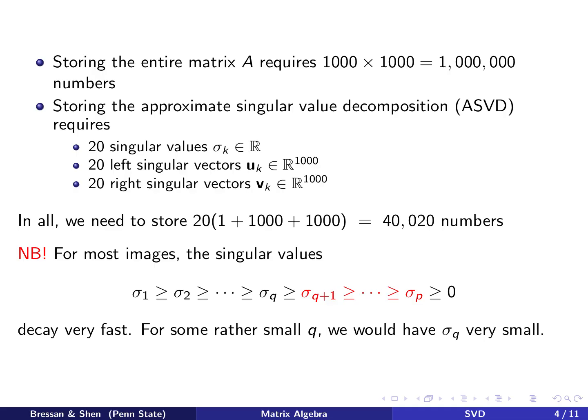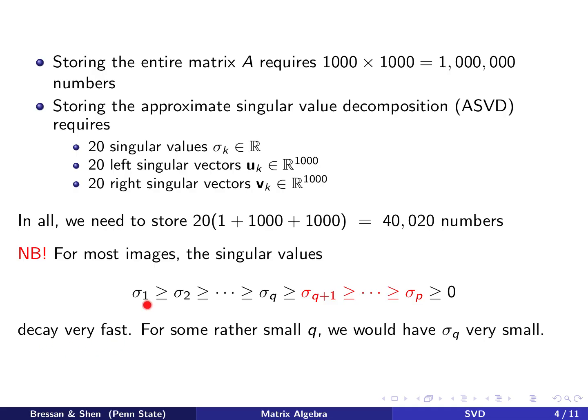Now here we put in a very important remark, which involves very deep mathematics. For most images, if A is a matrix representing a square-shaped image, one can observe and also show that the singular values, if you sort them from the largest one going down to the small one, decay very fast.